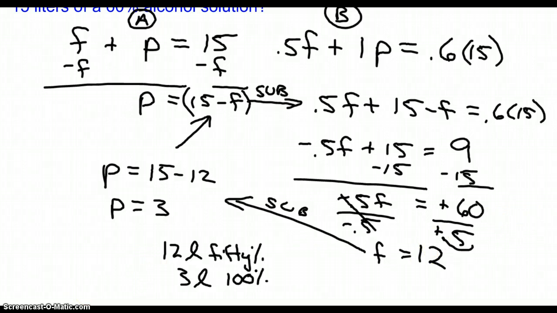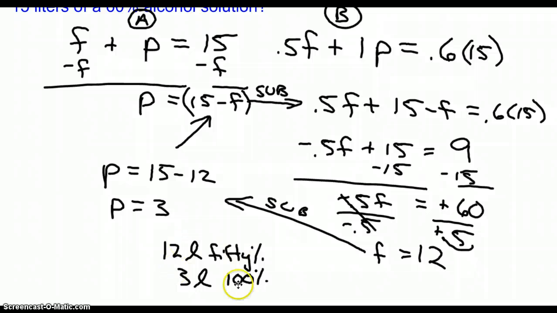All right. And so don't forget to check for reasonableness in your equations. Does it sound reasonable that if I have 15 liters of a mixture that is 60% alcohol, that I might have a lot of 50% alcohol and just a small amount of the pure alcohol? That sounds reasonable in the real world from my experience.